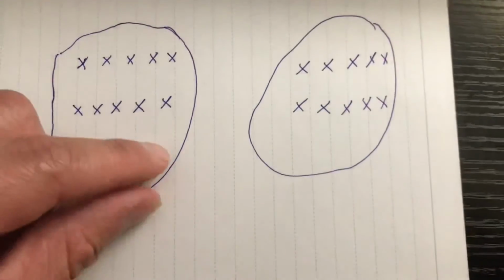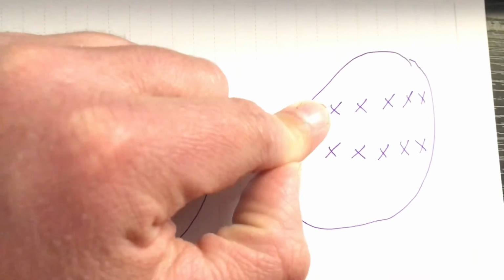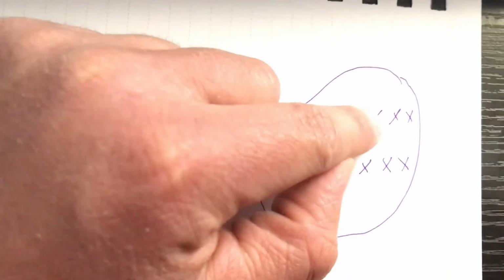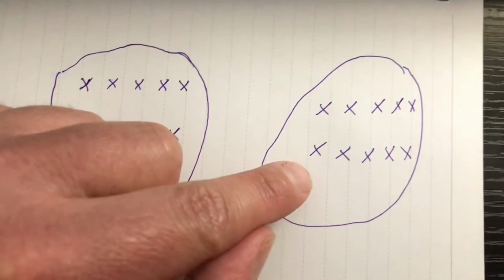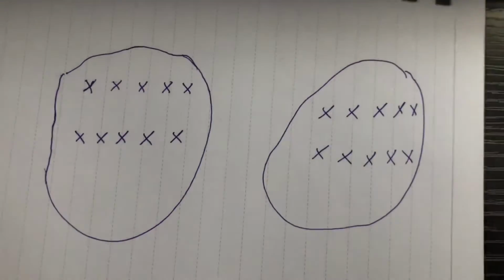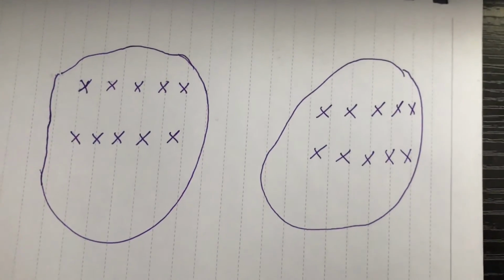Alright, we're done counting the first group. We have 10 X's so far. Second group now. 11, 12, 13, 14, 15, 16, 17, 18, 19, 20. Alright, so we have 20 total X's.